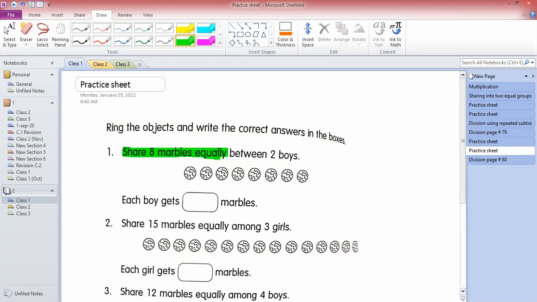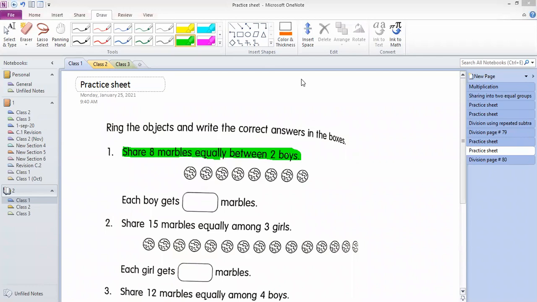I told you guys, whenever we talk about sharing equally, that means we are talking about division. Share 8 marbles equally between 2 boys. How many boys? 2 boys.